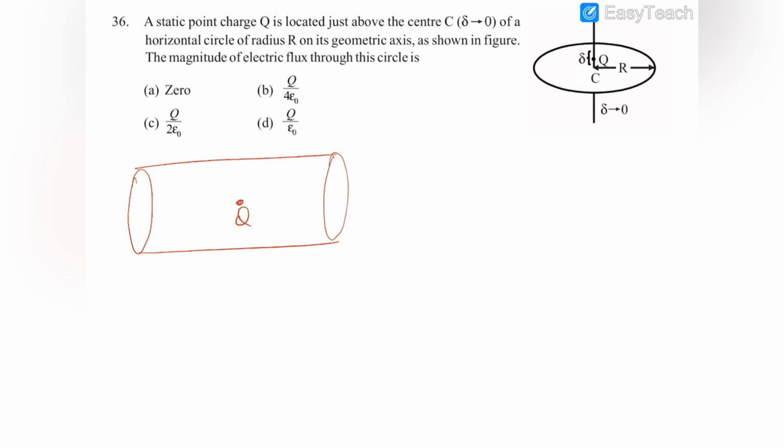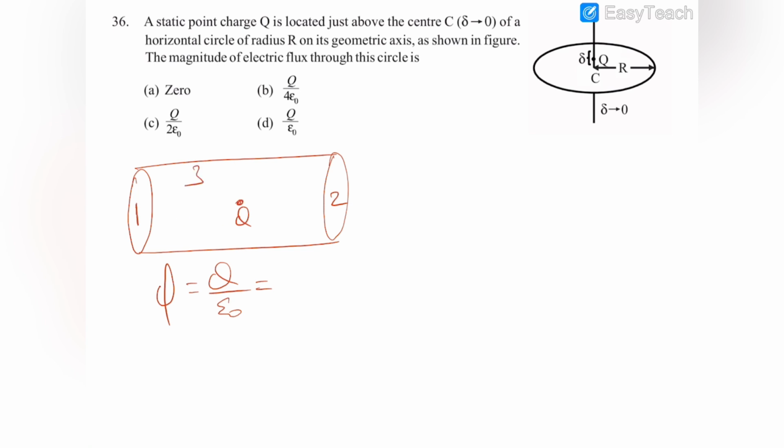Now when we write down the flux of this cylinder, then that flux is q by epsilon naught, and this q by epsilon naught is being shared between three surfaces. The two surfaces are the cross section surfaces, and the third surface is the curved surface.